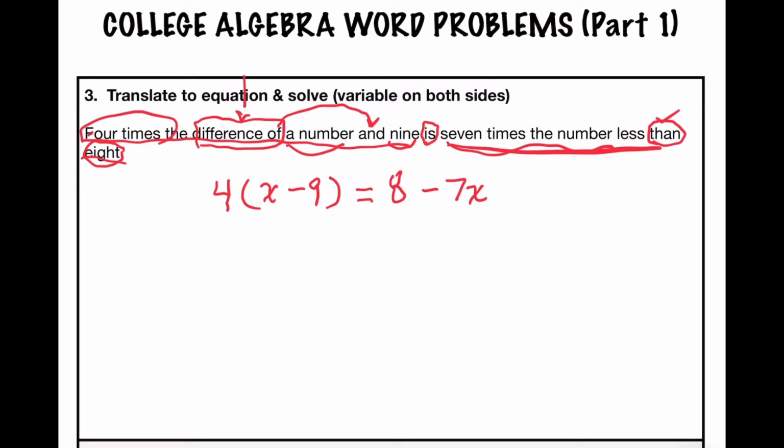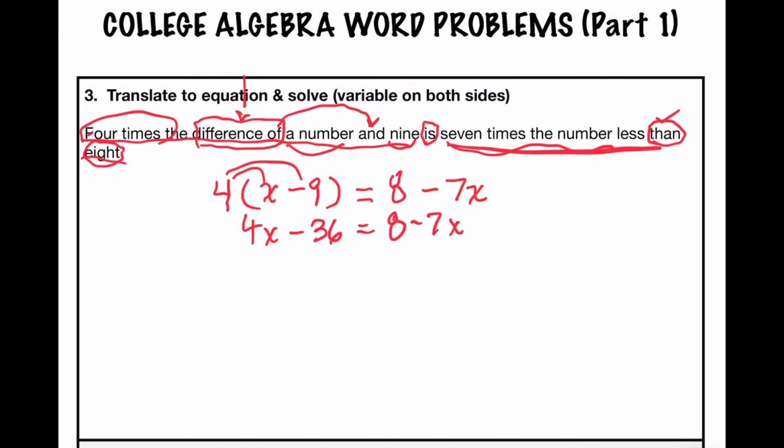Otherwise, what you see is what you get, and the order it's written is the order that you write it in symbols. So now I have my equation. 4 times x minus 9 equals 8 minus 7x. I'm simplifying with the distributive property on the left side. That will give me 4x minus 36 equals 8 minus 7x.